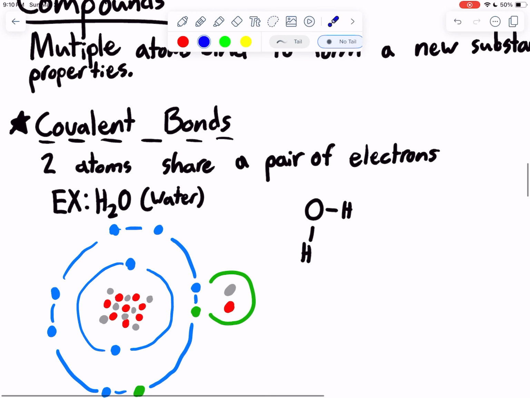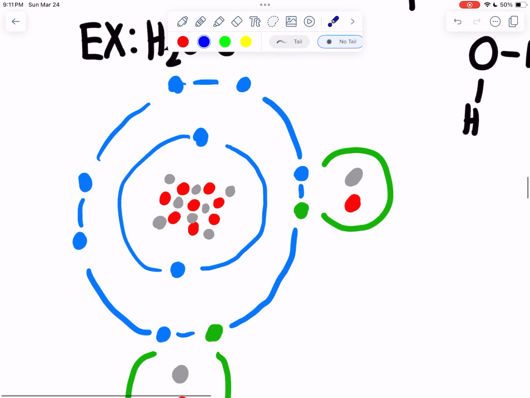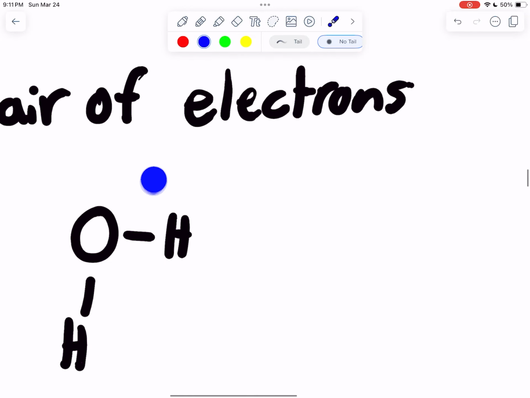The first of which is a covalent bond, which is when two atoms share a pair of electrons. And one very important example that you need to know for this is H2O, also known as water, which is essentially one oxygen followed by two hydrogens. And right here, these lines indicate covalent bonds.